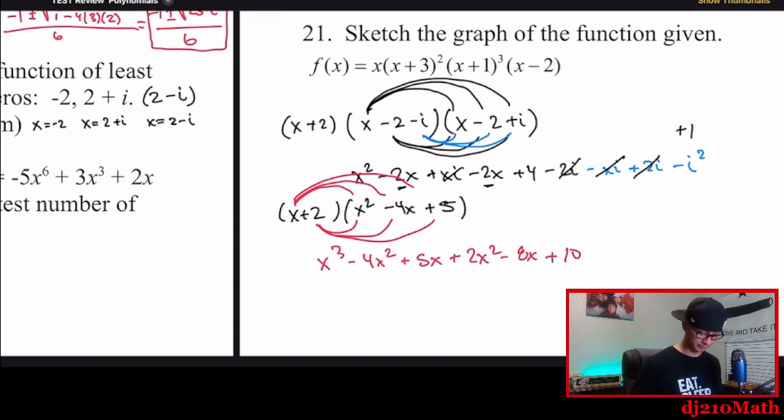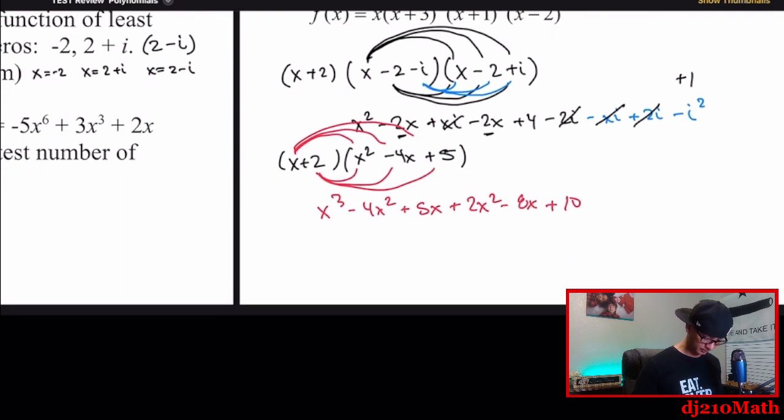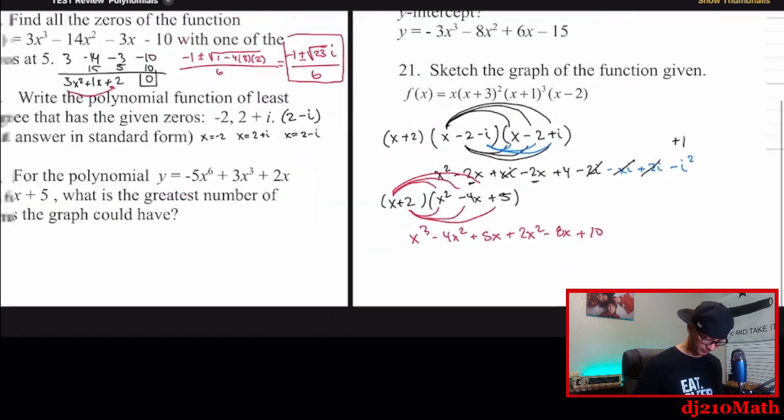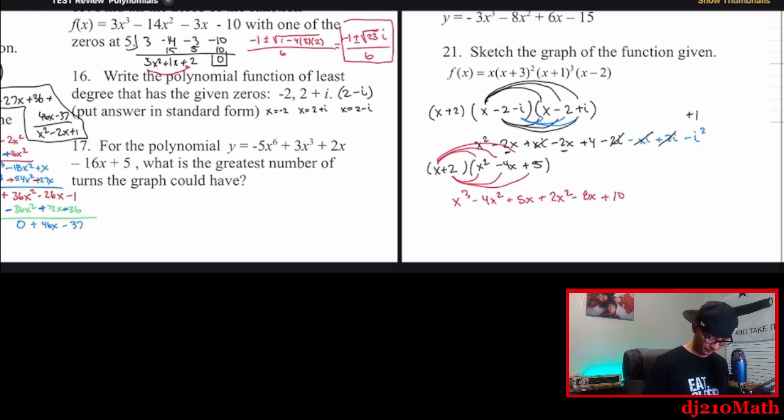Combining like terms, we're going to get the final answer: x cubed minus 4x squared. Well, 4 plus 2 is 6, actually.